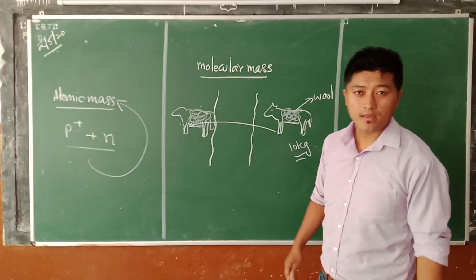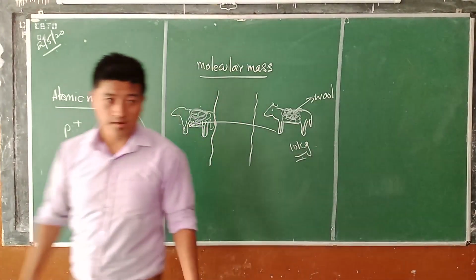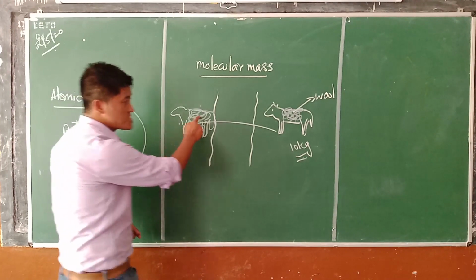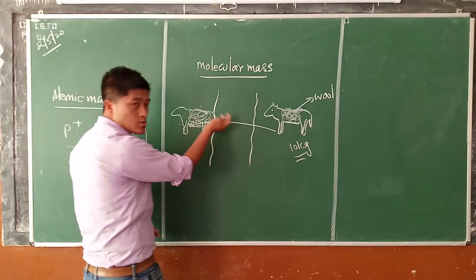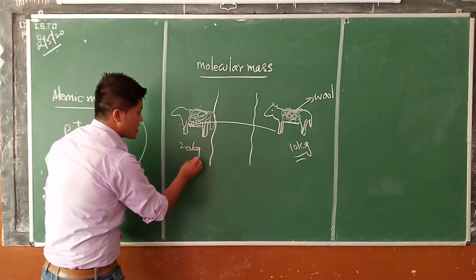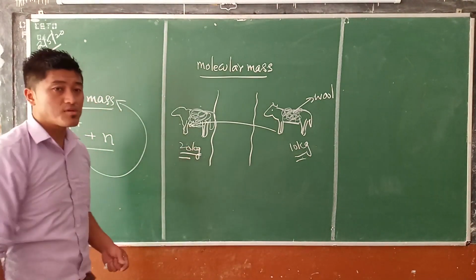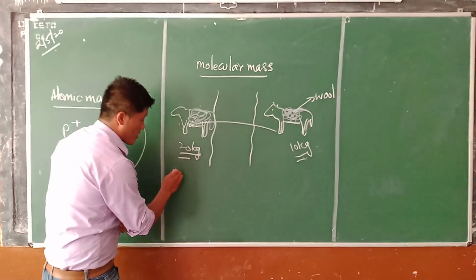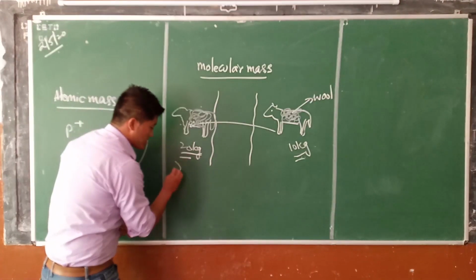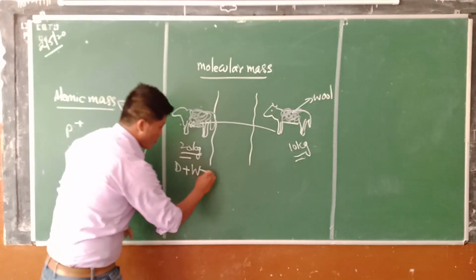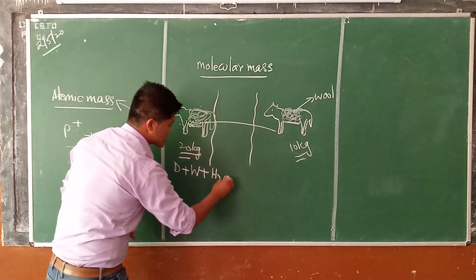That's not the case, right? It is going to become much heavier. Why? Because the wool is going to absorb all the water. So we will come across something like 20 kg here. That means it has become heavier. Why? Because there is the presence of the donkey, the animal itself, plus wool, plus water.